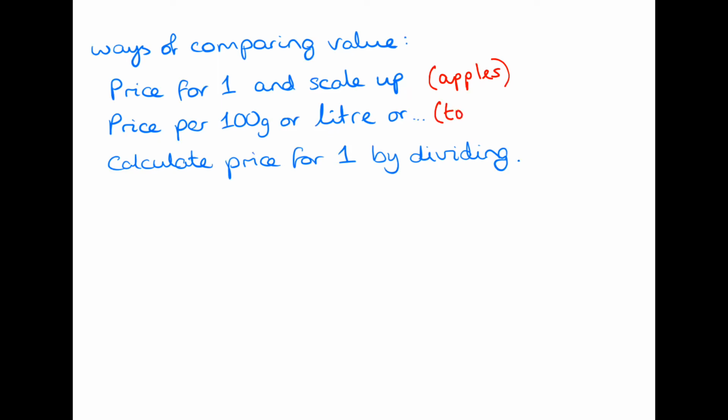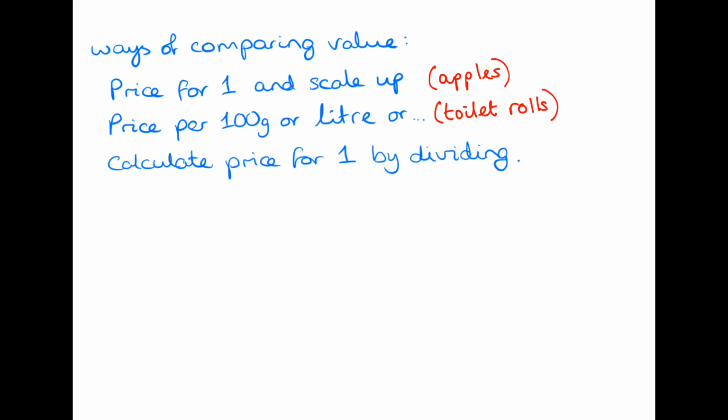That's what we did there. So it doesn't have to be a one of something. It could be a price per 5 if there are multiples of 5, or price per 100 grams if you can see that clearly. And then we could calculate the price for 1 by dividing.